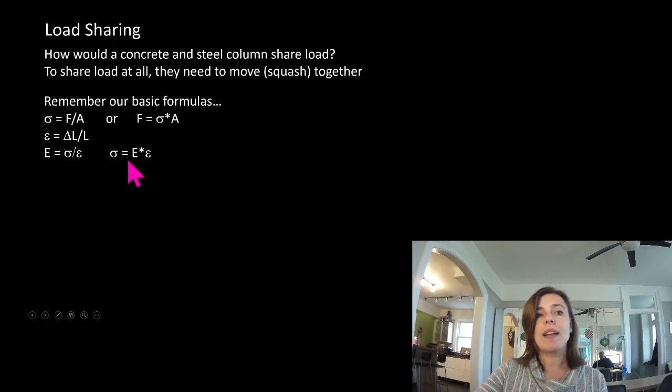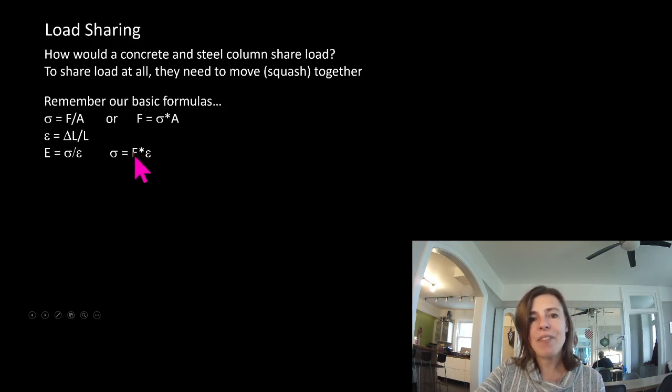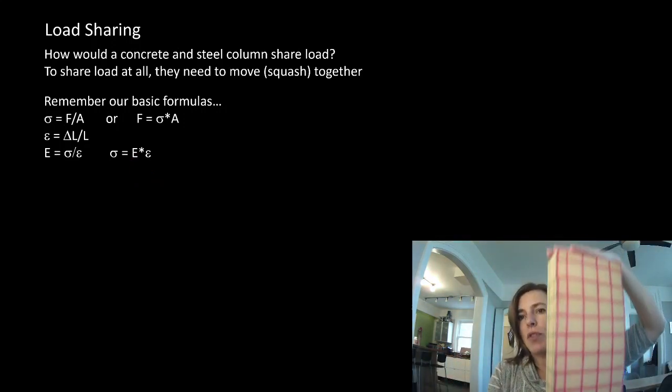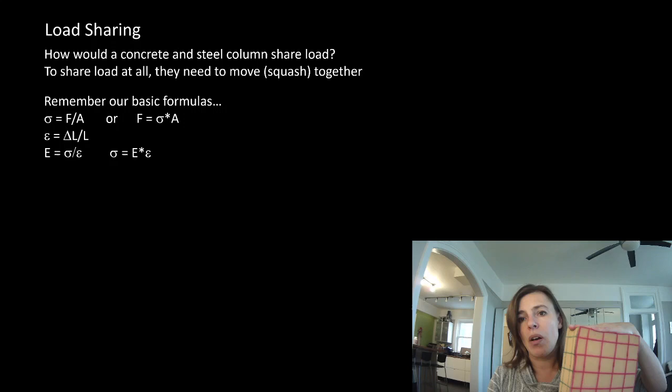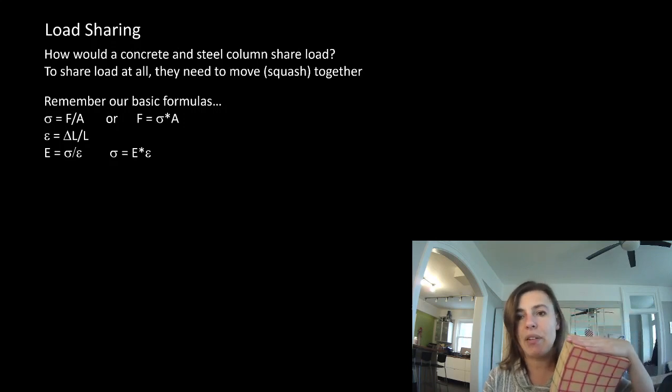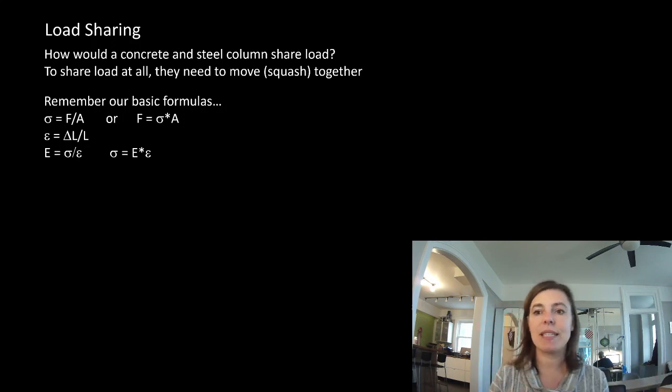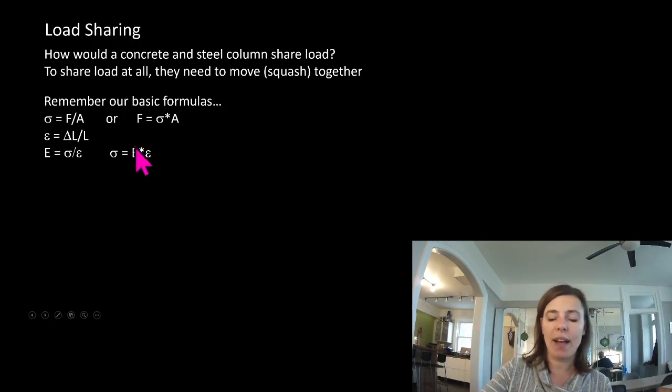Or we could say stress equals E times strain. And we know E is representative of stiffness. So if there are two things sharing this load and they're moving together, they have the same strain, but they might have different stiffnesses. The two different materials might have different E values.